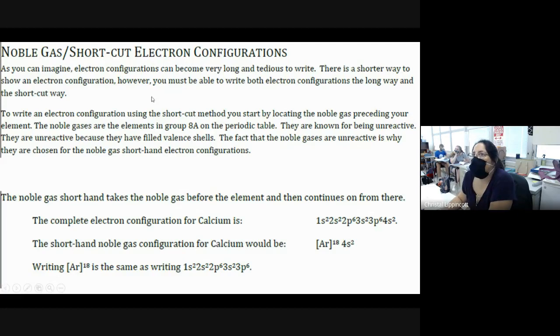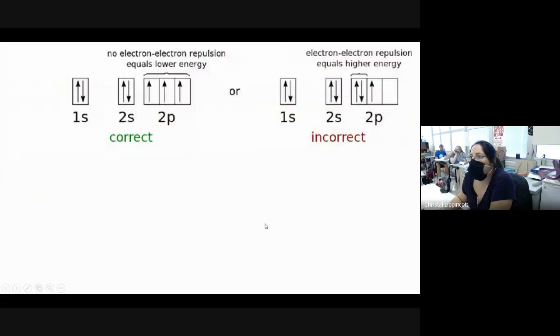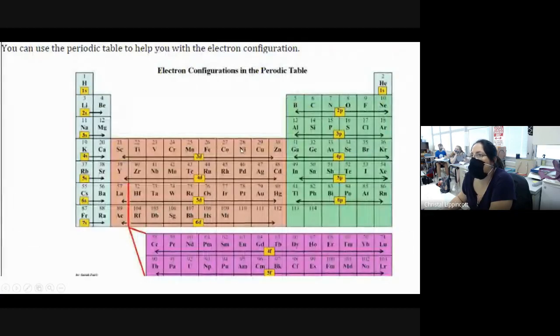There's also noble gas shortcut configuration where you go back to the previous noble gas. So for example, if we were to do cobalt here, we would take that back to the previous noble gas. We would put argon in parentheses, and then you start down here. 4s2, 3d, 1, 2, 3, 4, 5, 6, 7.